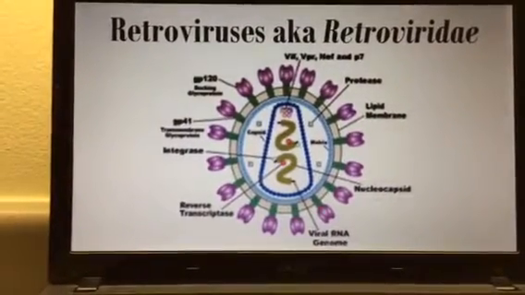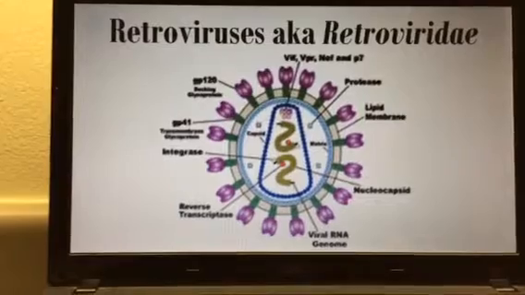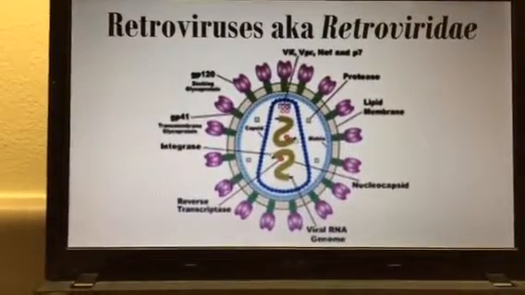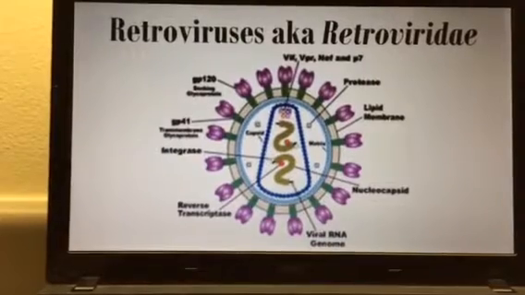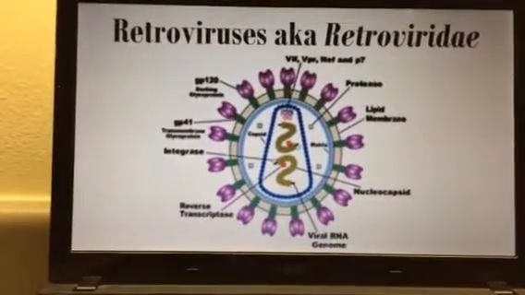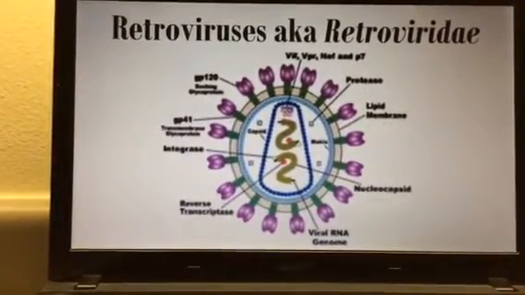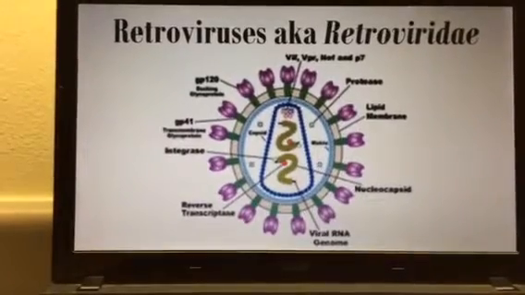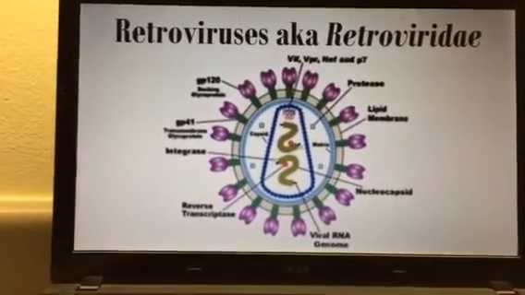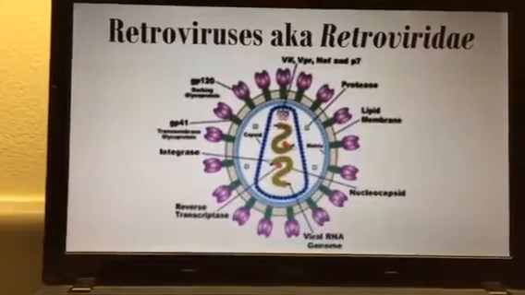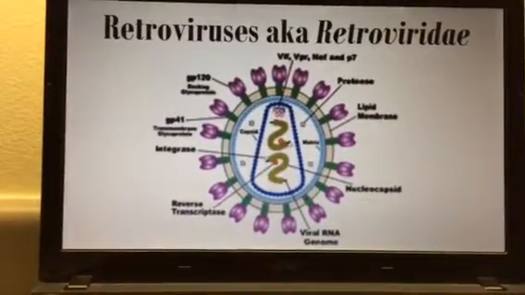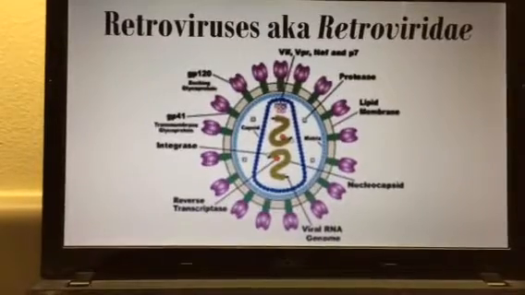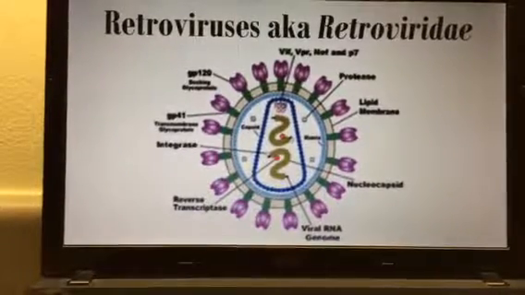The DNA enters into the nucleus, and along with integrase, which cuts open the DNA of the host cell, it integrates the DNA of the virus with the DNA of the host cell. And then a provirus is created.